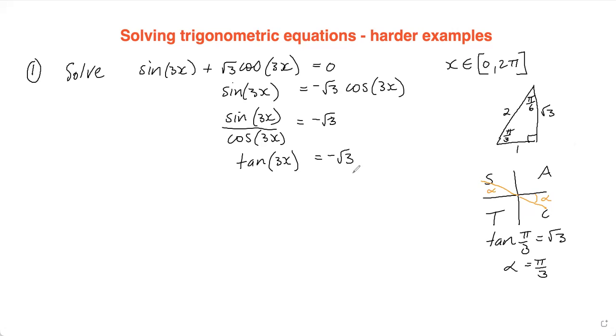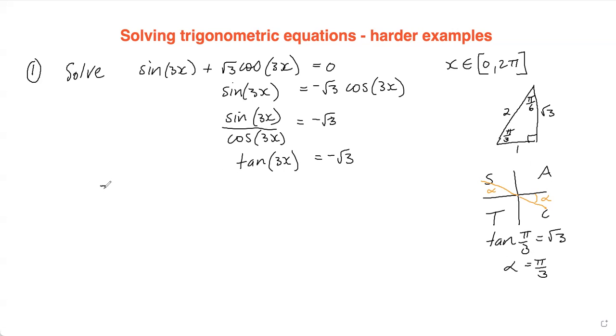Another thing that I have to take into consideration is that I've got a 3x here. Because x is between 0 and 2 pi, if we want to capture all of our solutions for x when we have a 3x in here, we need to go 3 times around the circle to get all of the solutions. I'll show you what I mean.